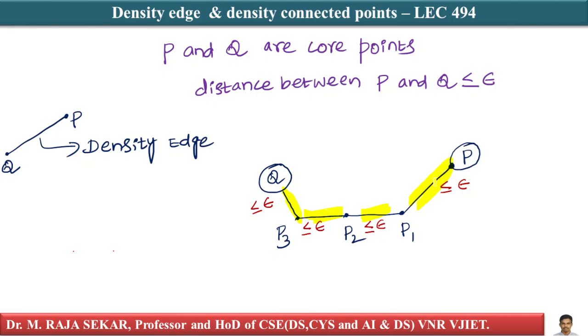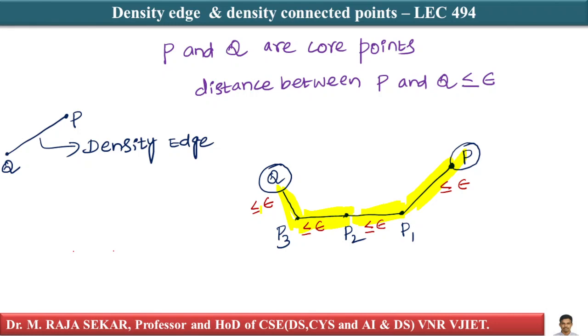Q to P3 must be a density edge, P3 to P2, P2 to P1, P1 to P. Two points P and Q are said to be density connected points if there exists a path formed by density edges connecting P to Q. To put it more simply, if you can hop from one core point to another point which is within epsilon distance, and reach point Q from point P, then P and Q are said to be density connected points.